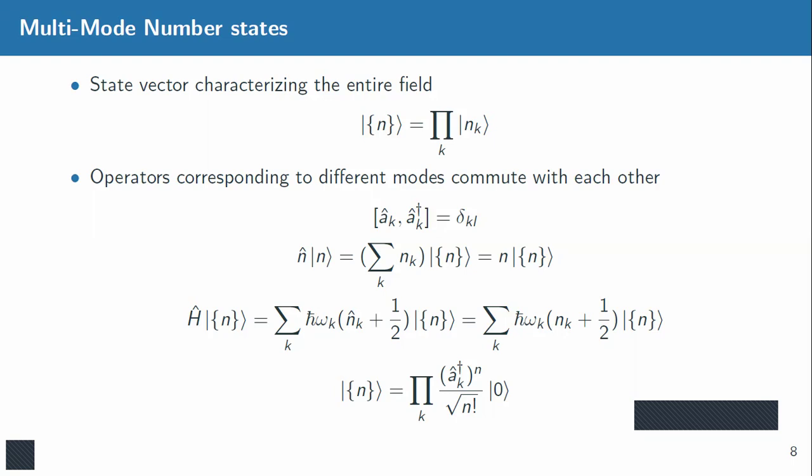That is why it is possible to write the entire field vector in terms of products of the field vectors of different modes, and it is the eigenstate of the number operator of the different modes, written as a summation. So it similarly gives us the value of n, the number of photons in different modes.